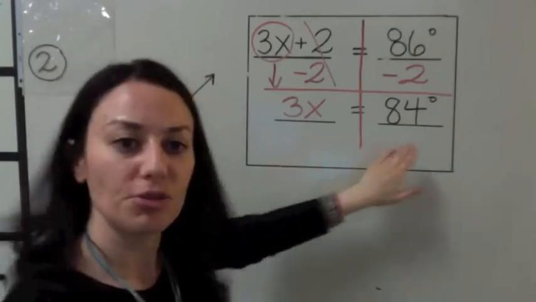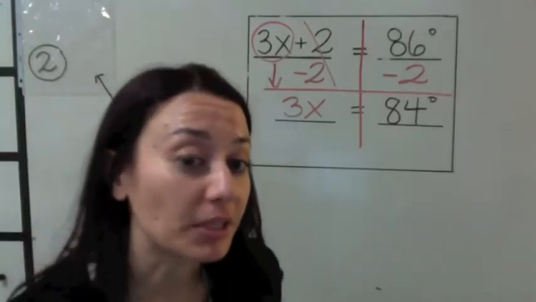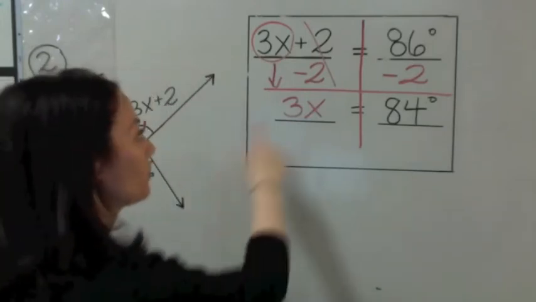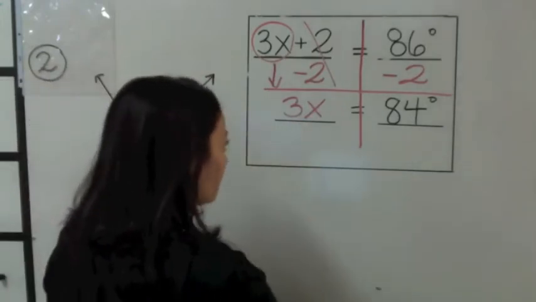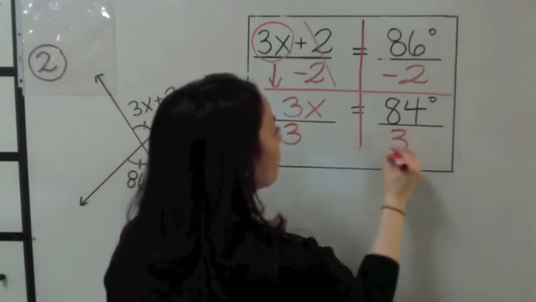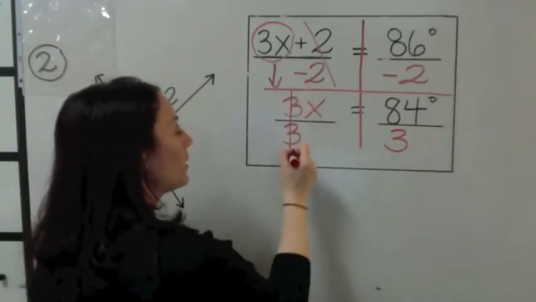What do you think you need to do to both sides to get x by itself? What's the opposite of multiplication? It's division, right? Because 3 is being multiplied by x, so we're going to do the opposite. We're going to divide both sides by 3. When we divide both sides by 3, 3 divided by 3 is 1.